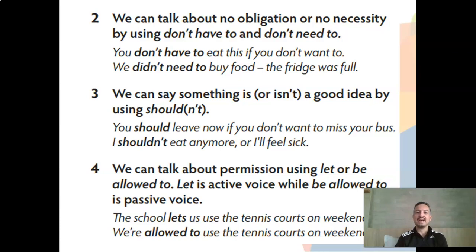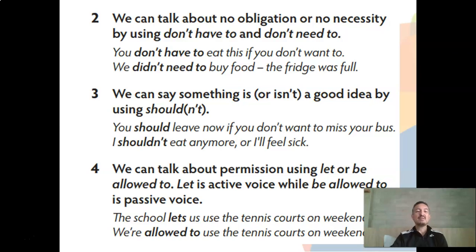I shouldn't eat anymore or I'll feel sick. So it's not a good idea to eat anymore. It's not an obligation, something that I must not do, but it's something that it's not a good idea to do. That's why I use should or shouldn't.